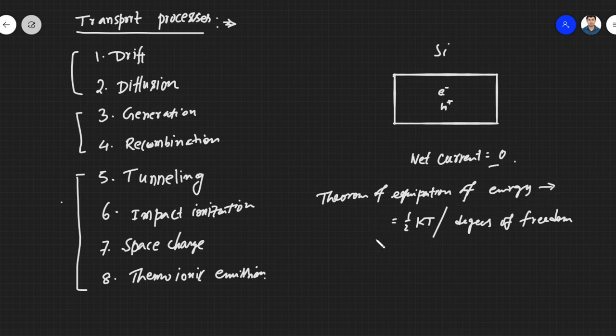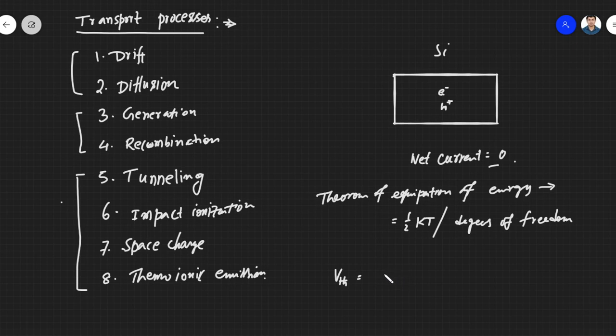This is under thermal equilibrium, right? Now for an electron, let's say it has a thermal velocity, so let's define a few parameters to understand better.